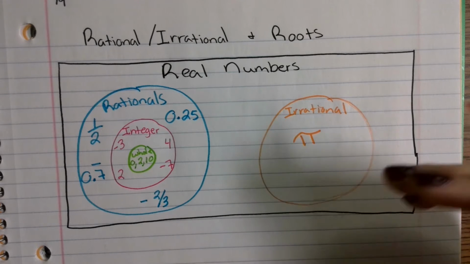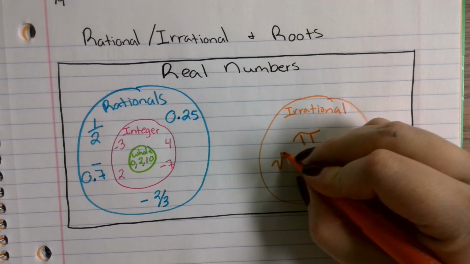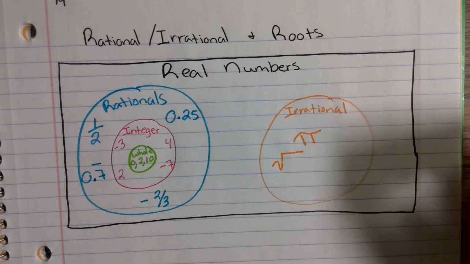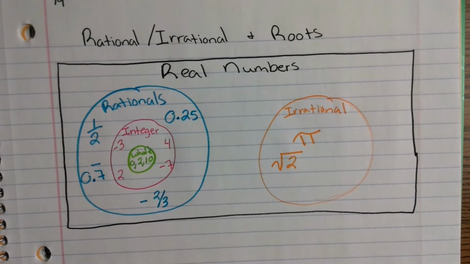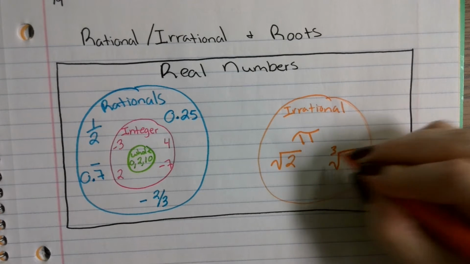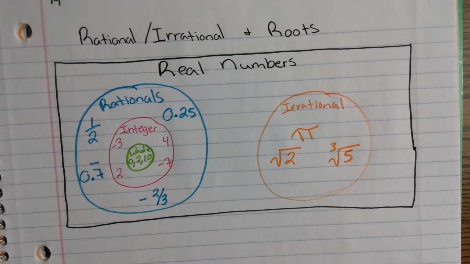And then you've got what you're going to see today, starting in this unit, roots that are not perfect. So instead of like square root of 1 or square root of 4, maybe square root of 2. That's not a perfect square. Therefore, it is an irrational number. Cube root of 5. Again, it's not a perfect cube. Therefore, it is an irrational number.